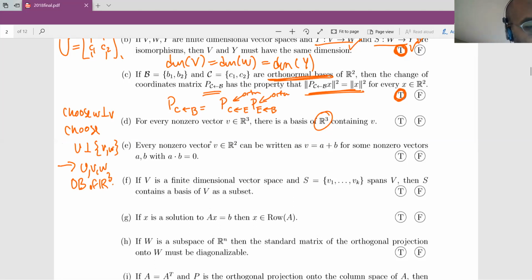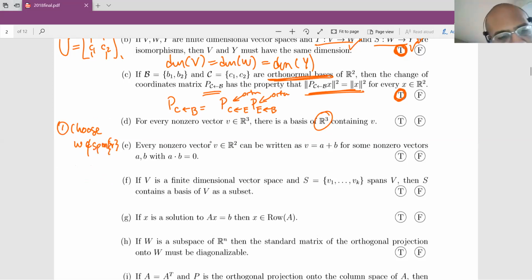You don't have to use orthogonality. There's an easier thing you can do here, which is just what we did even before the first midterm: choose some W not in the span of V. So just choose some vector that's not parallel to V, and then choose some U that's not in the span of V and W. And you can always do this because the span of V and W is two-dimensional and R3 is three-dimensional.